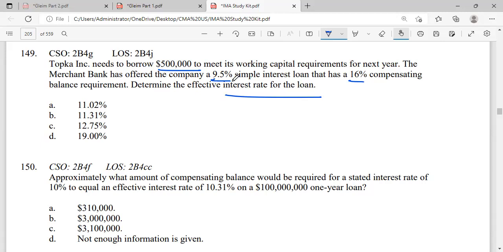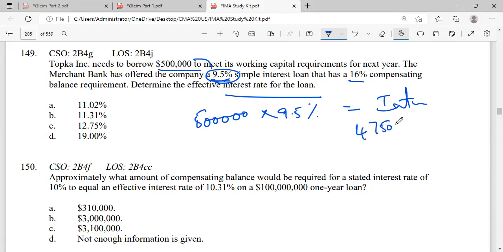So 500,000 into 9.5% will be your interest which you have to pay. That is equal to 47,500.